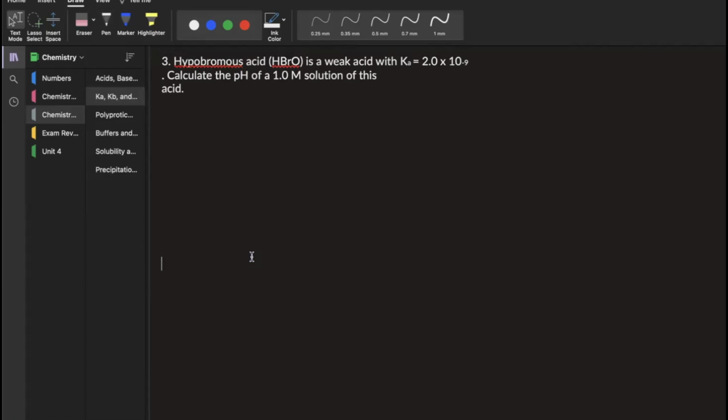Next, we're going to look at hypobromous acid, HBrO. It is a weak acid with a Ka value of 2.0 times 10 to the negative ninth. What we're trying to do is calculate the pH of a 1 molar solution of this acid. So again, we first write out the equation.